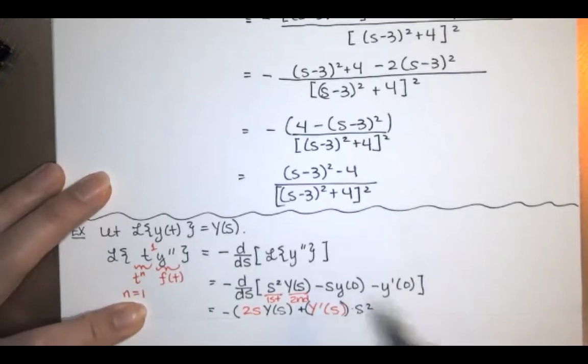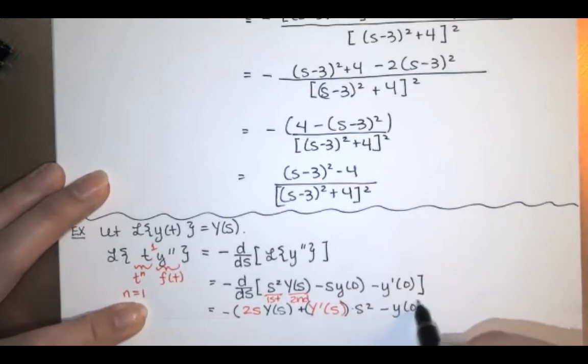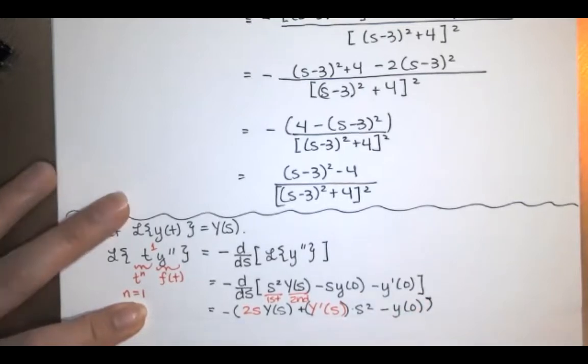And then we've got a constant times s, or constant times -s. The derivative of a constant times -s is -1 times the constant. And the derivative of the constant with respect to s is 0. And all of this is multiplied by that -1 over there.